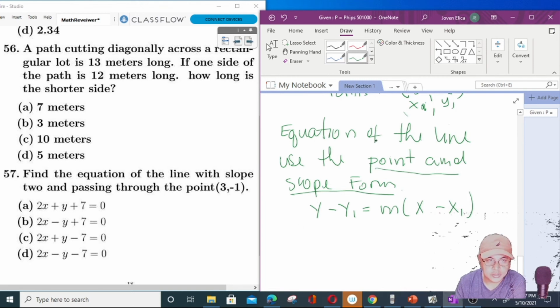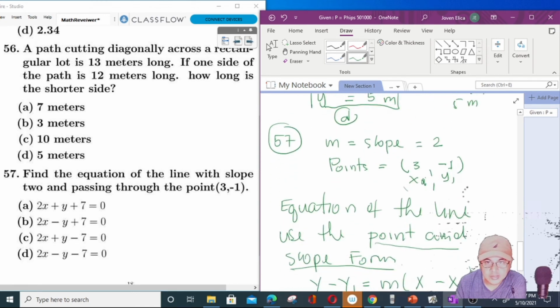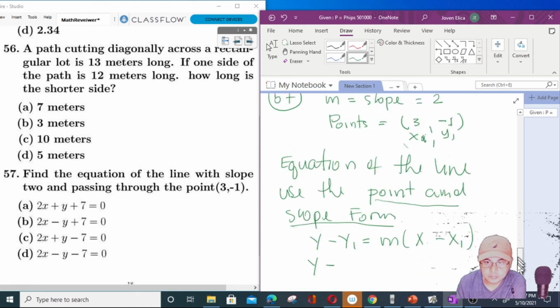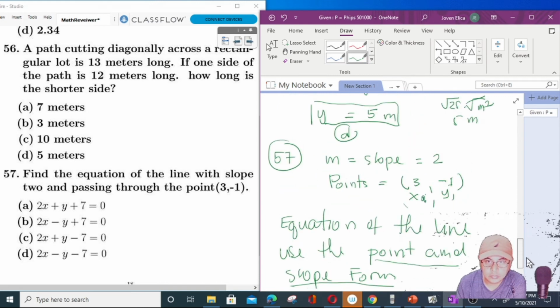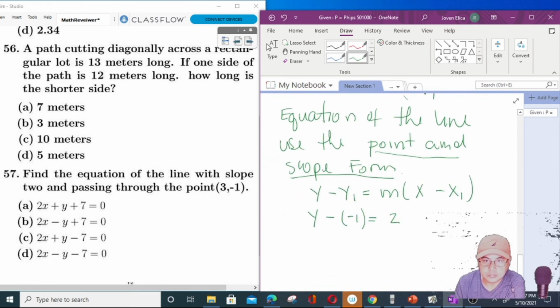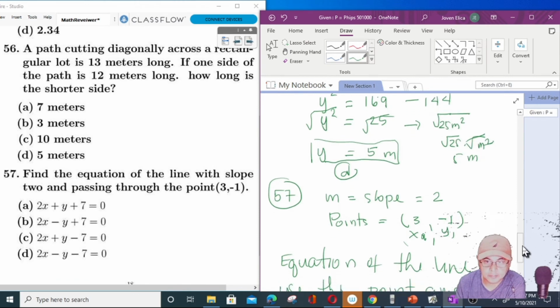So substituting the given values, y minus, what is y1? y1 is negative 1. Negative 1. And our slope is 2, multiplied by x minus our x, which is 3.